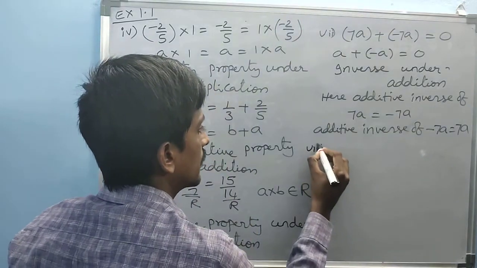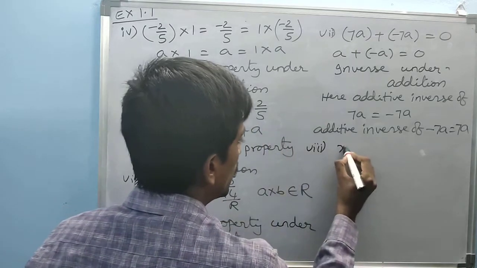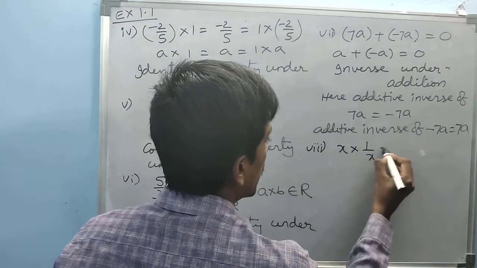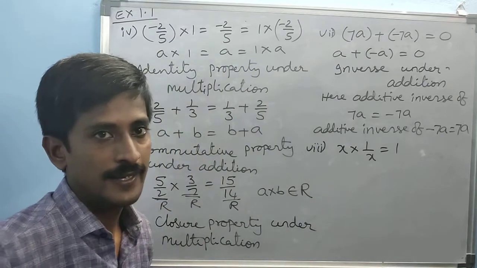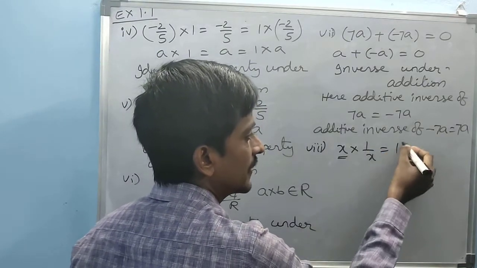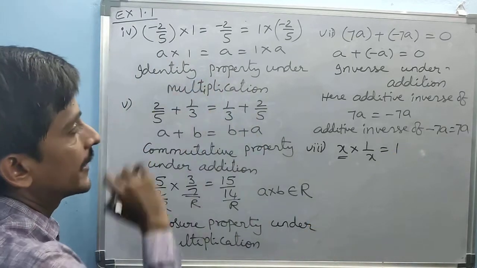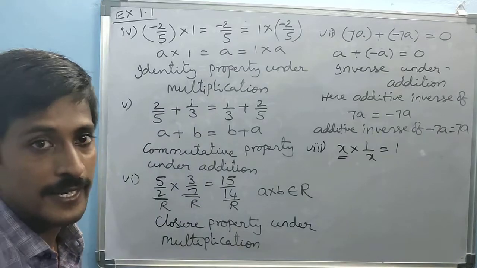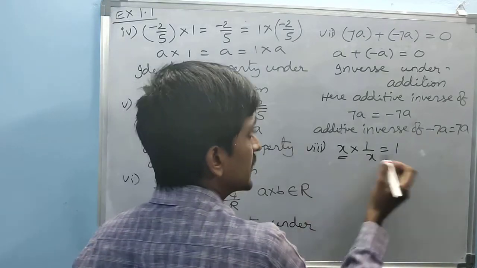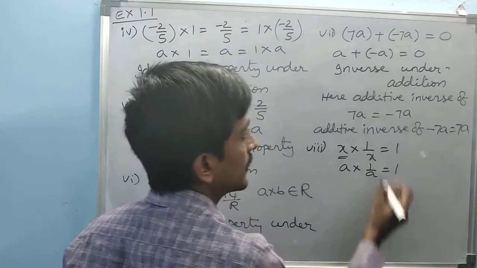8th one. X into 1 by x equals 1. Here, one number multiplied by another number gives 1. This is called multiplicative identity. So this is a into 1 by a equals 1.